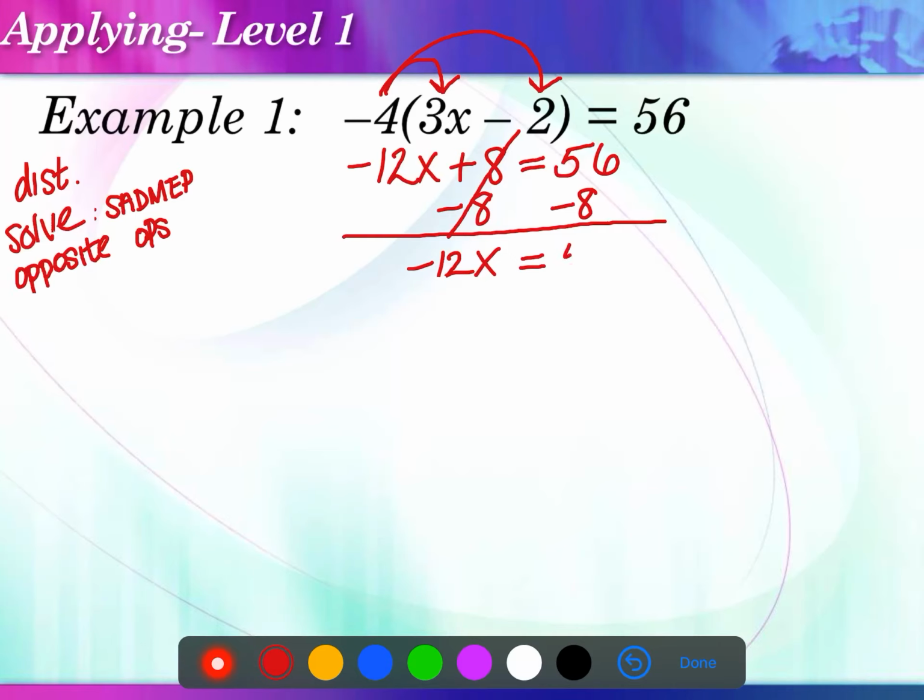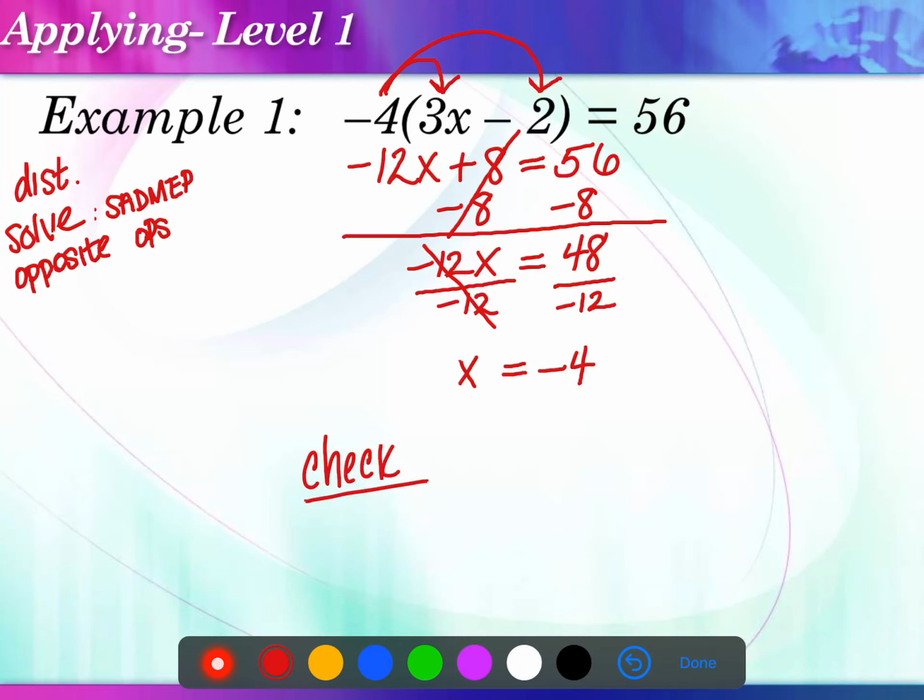Negative 12x equals 48. Okay, the negative 12 and the x are multiplying, so the opposite operation there is division. So we're left with x equals, watch your signs, positive divided by a negative. Okay, and in order to check our work, we're going to take what we think is our final answer and plug it back into the original problem.